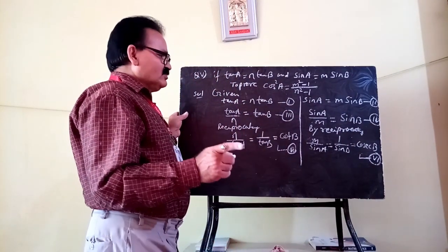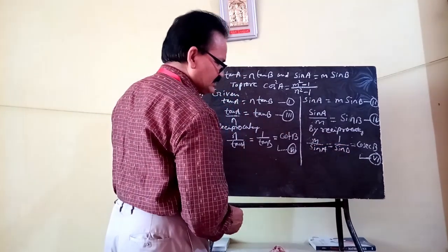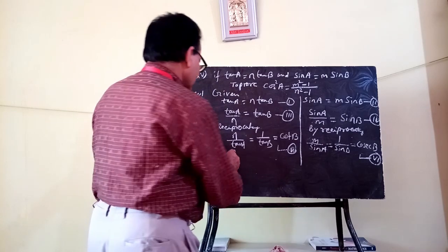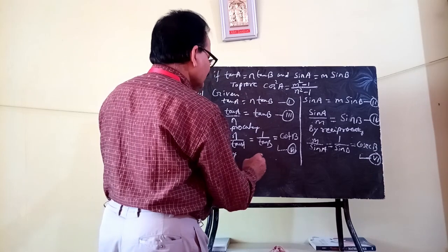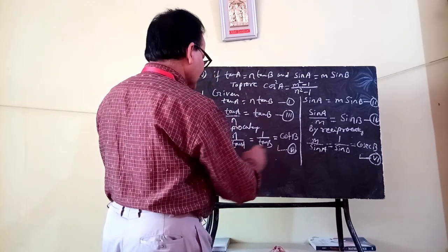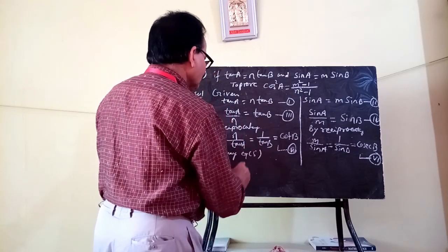Now what you will do, you take the square of 6 and square of 5 and subtract. Squaring equation 5, what will be your value?